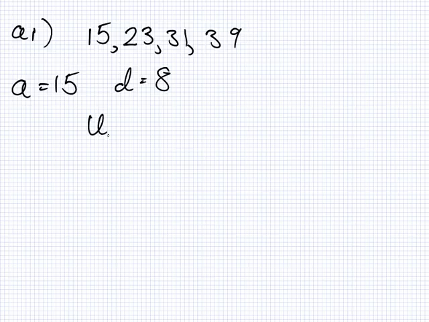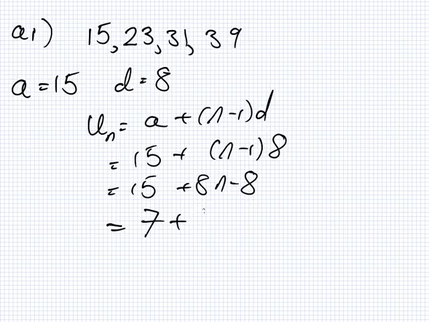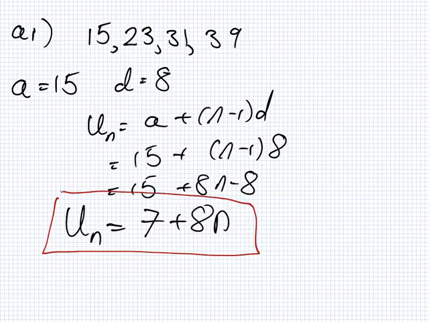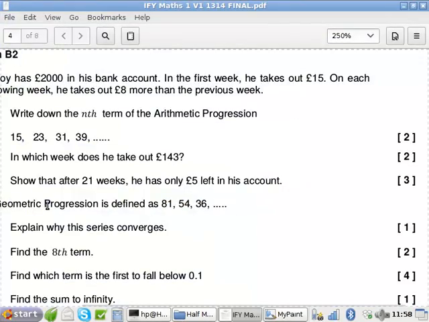And the formula u_n is a plus (n minus 1)d. 15 plus (n minus 1) times 8. So that's 15 plus 8n minus 8. 7 plus 8n. That is the formula for the nth term. How many marks was this now? 2 marks.